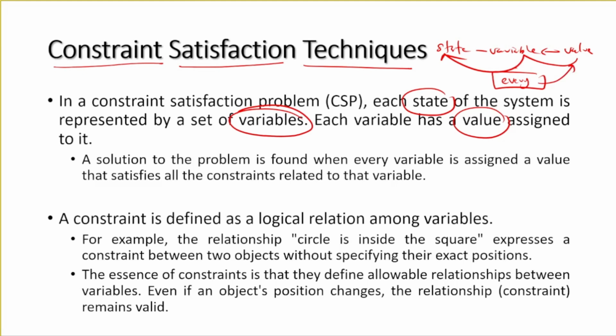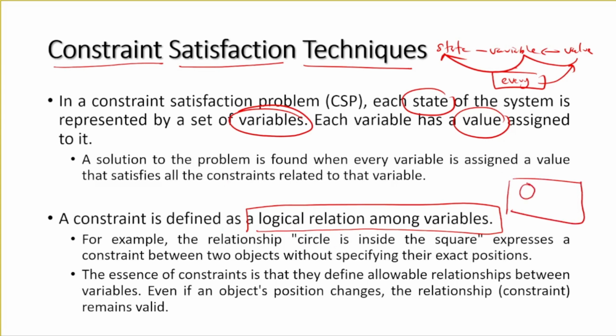Constraint meaning syarat ataupun kekangan yang dibuat in that particular sense. Defined as a logic. Okay, so the definition is a logical relation among the variables. Example, a circle is inside a square. So this is the circle, this is the square. It expresses a constraint between two objects without specifying their exact position.